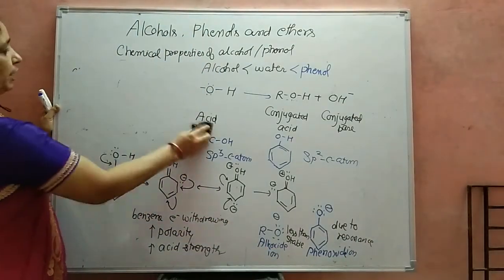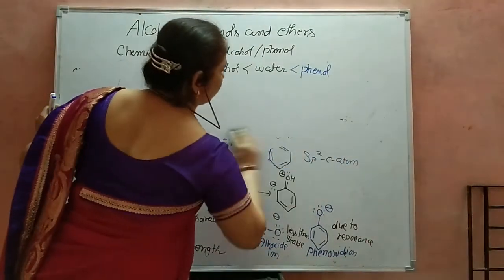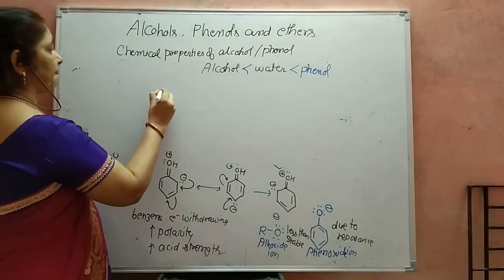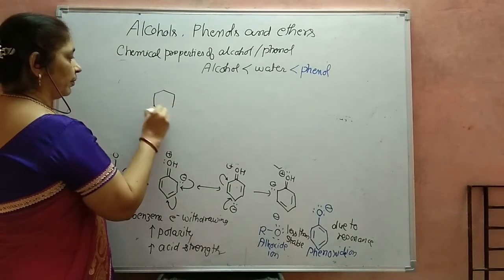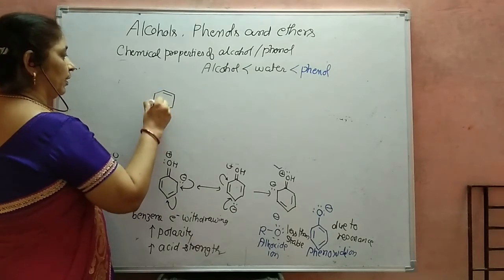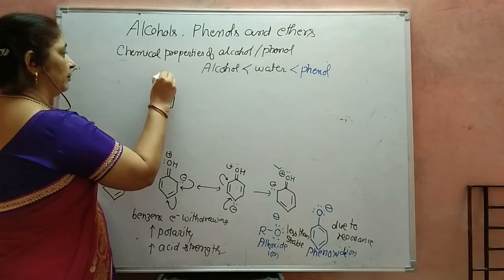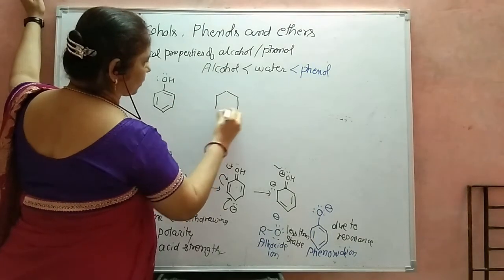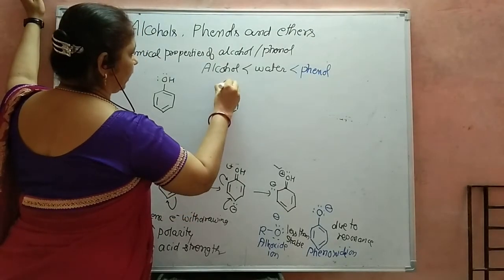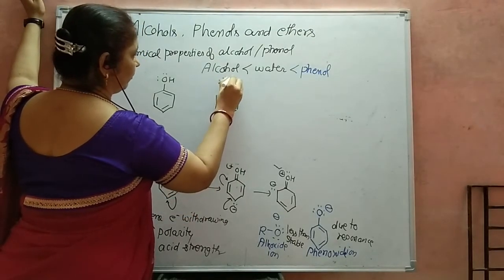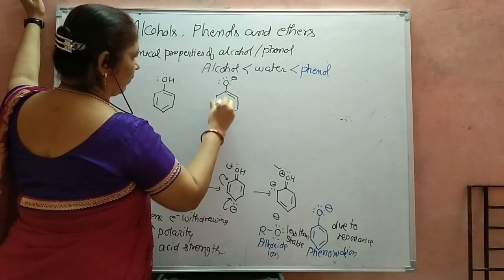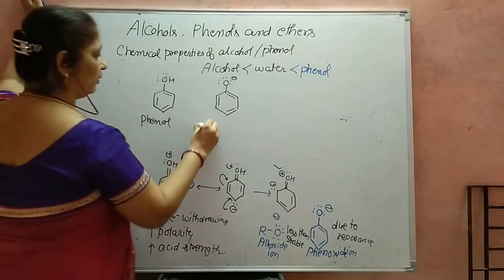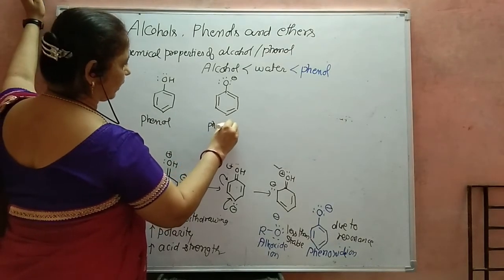Now we discuss the stability of phenol and phenoxide ion. देखिए, it's a phenol, और यदि phenol H positive दे देता है, then it forms the phenoxide ion. This is phenoxide ion.